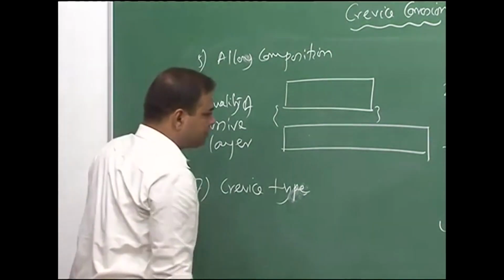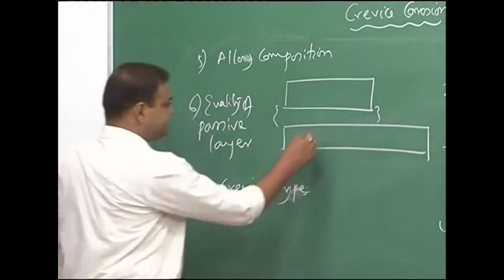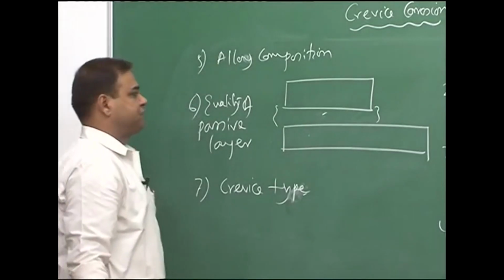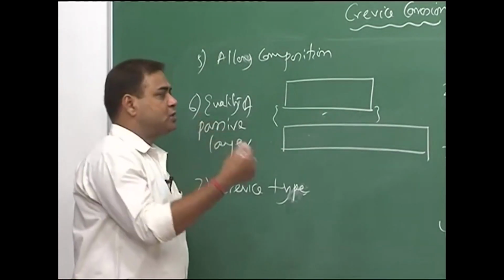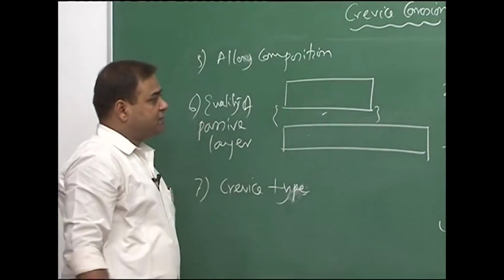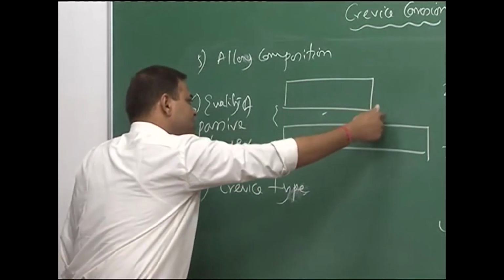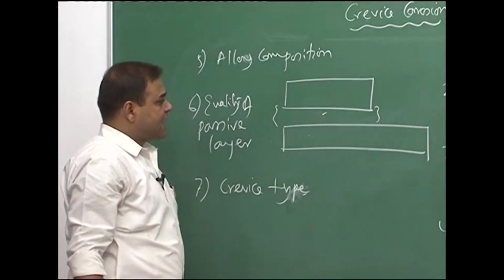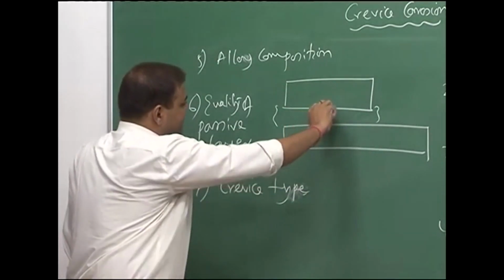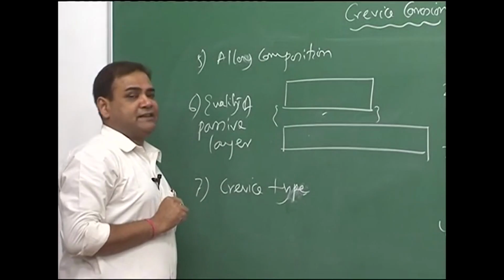Now, one major important issue with the crevice type is this gap should be such that it should be wide enough to allow the solution to seep in, and at the same time it should be narrow enough to maintain the stagnancy.